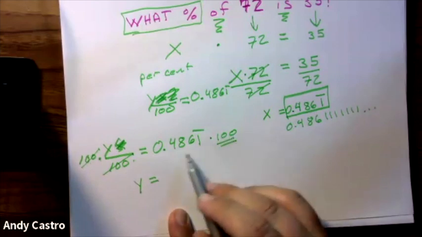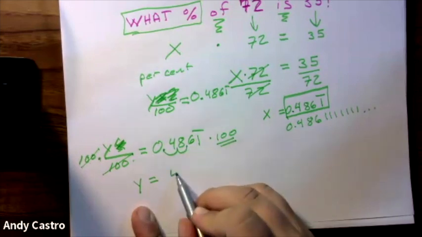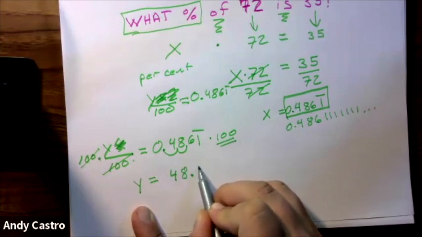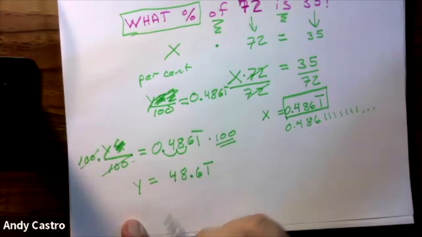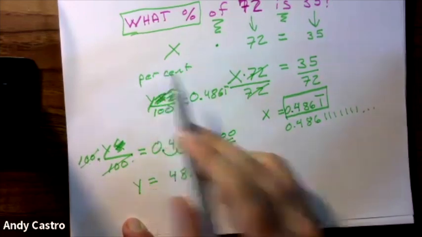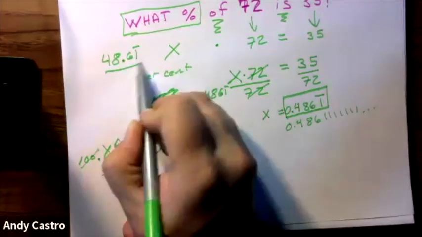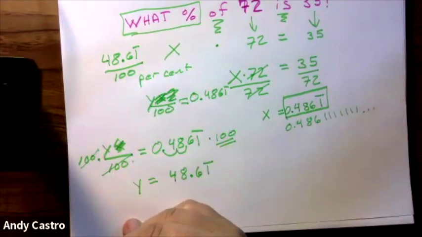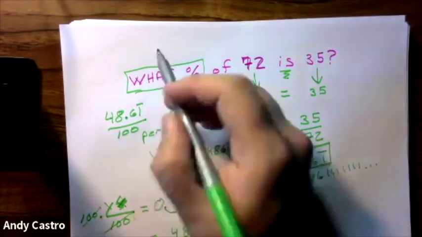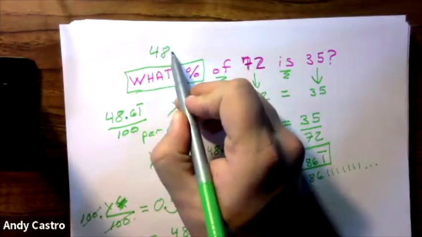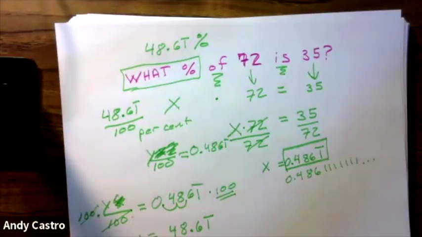This is 100, so I'm literally moving this decimal place over twice. 48.61 repeating, that's y. Okay, so my percent is 48.61 repeating per 100. So we could write it in percent form as 48.61 repeating percent.